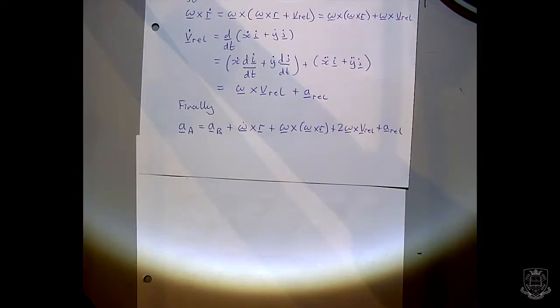So it's a bit of a long-winded expression, isn't it? But strictly speaking, if you want to work out what the acceleration is in this rotating reference frame, this is the type of equation you need.